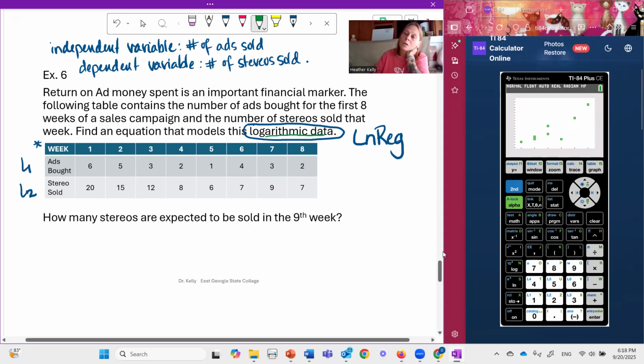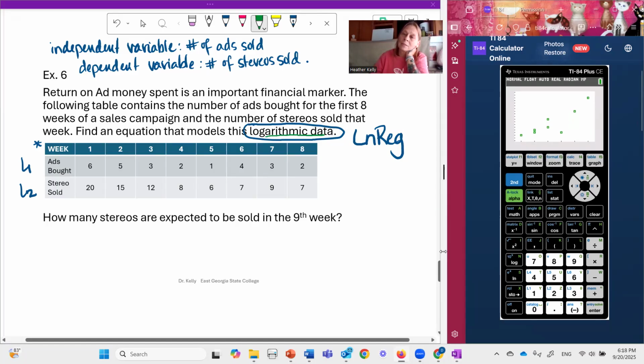Okay, so this is logarithmic, but it's hard to see, but there is a flow of the data that lends to that, but you guys are newbies and you wouldn't necessarily notice it.